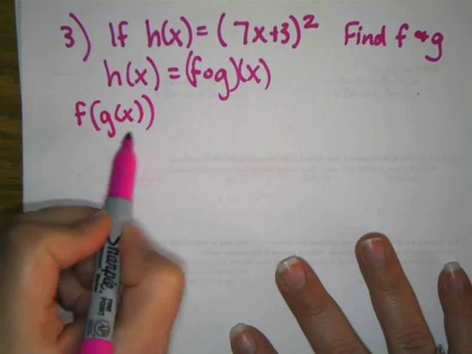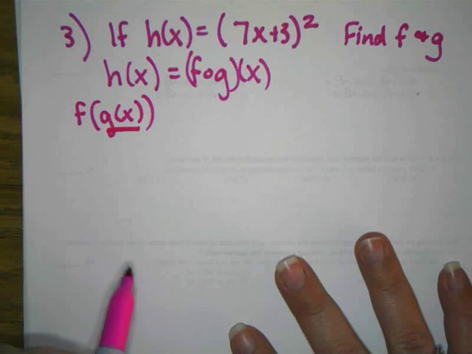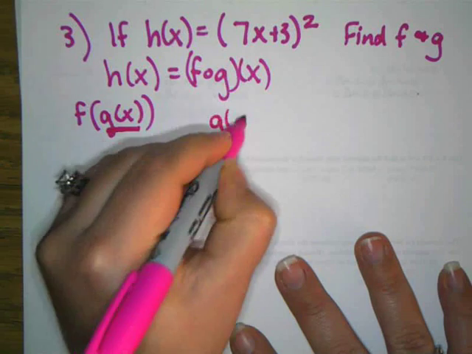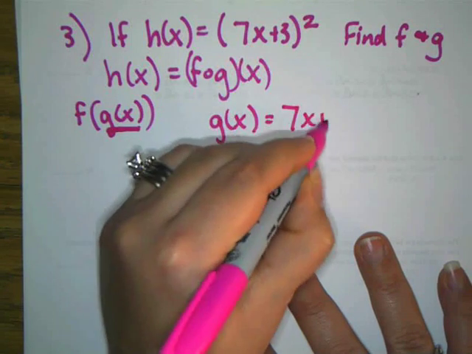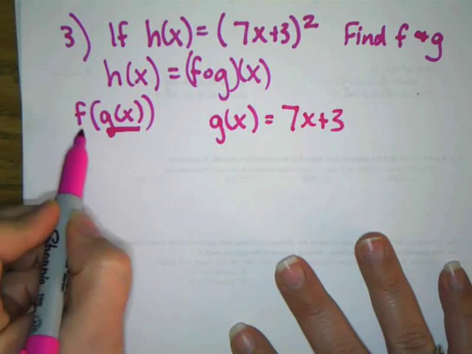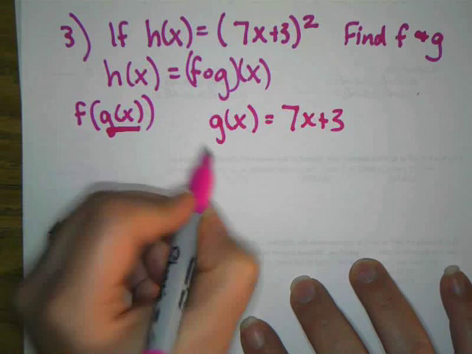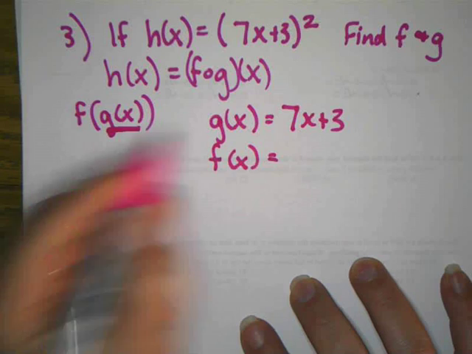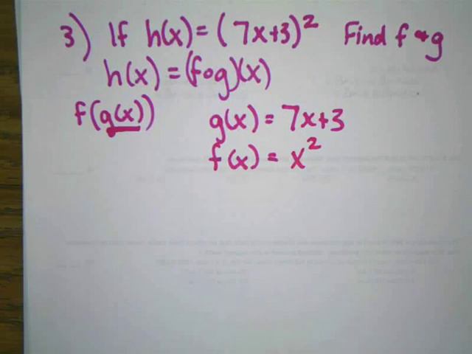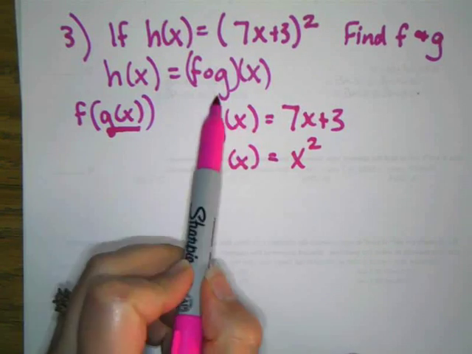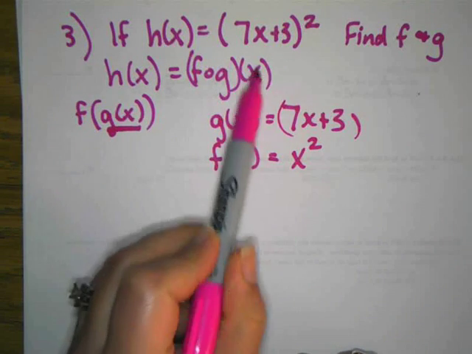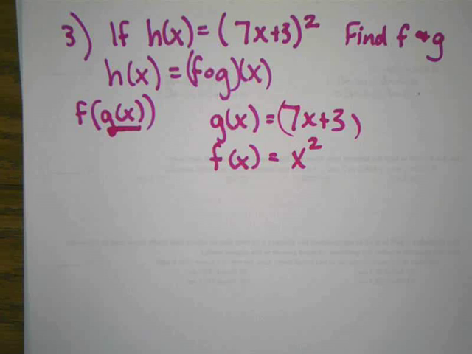And so I'm looking for the inside function first. Well, it looks like the inside function to me is 7x plus 3. And then what is that 7x plus 3 doing? That's what the f of x is telling us. And we are squaring it, so it's x squared. So notice if you plug 7x plus 3 into x squared, you get 7x plus 3 squared.